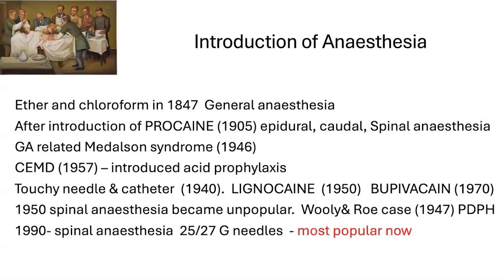So let's talk about when we introduced anesthesia. The introduction of anesthesia was in 1847 with ether and chloroform, and general anesthetics were performed for lower segment cesarean sections until 1905, when procaine was introduced and epidurals, caudals, and spinals started appearing as anesthetic techniques.